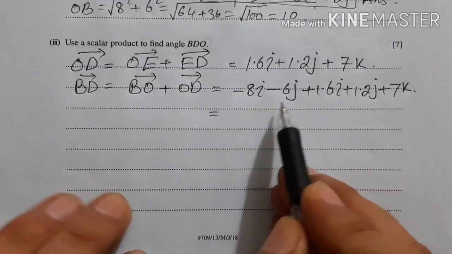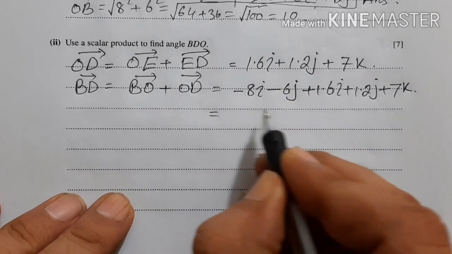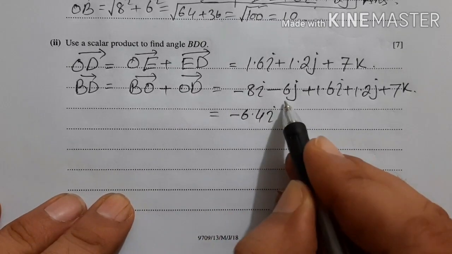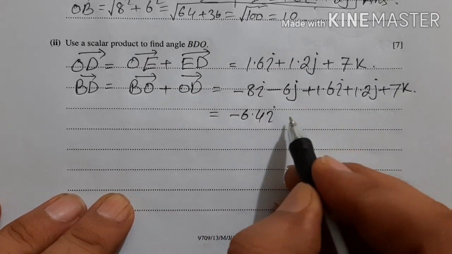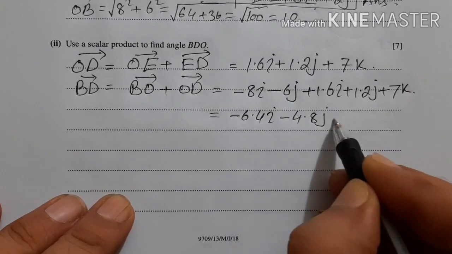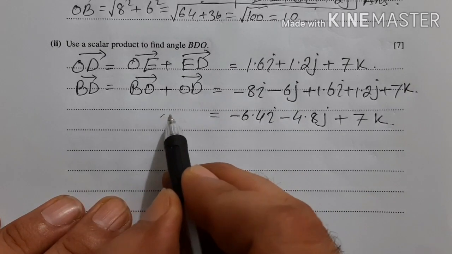After solving, minus 8i plus 1.6i is minus 6.4i, minus 6j plus 1.2j is minus 4.8j, plus 7k. This is our BD.